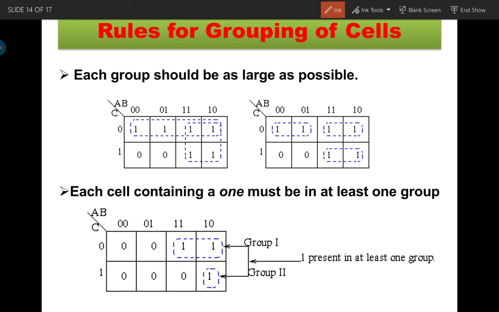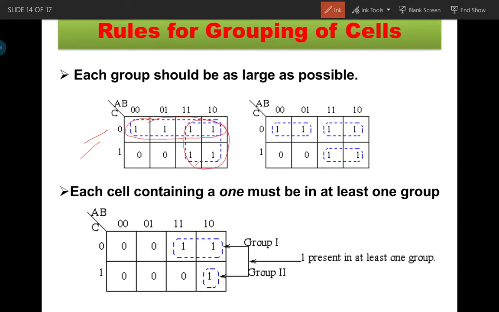Next rule is each group should be as large as possible, right? So in the first example, you see 1, 2, 3, 4 ones are there in a horizontal manner, then another 1 is available here. Okay, now here the grouping is made of this 4 and this 4.